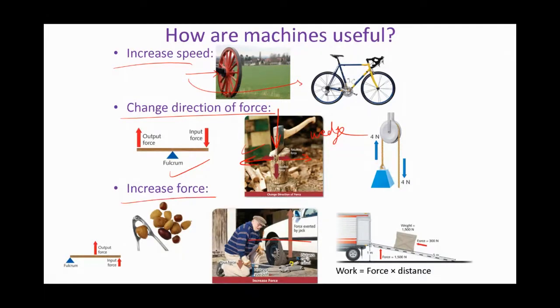Or increase force, like the nutcracker. This nutcracker, كسارة الجوز or whatever you call it. Okay, the jack, you apply some force here, so you can lift the car. So with a small force, you can lift the car, which needs a huge amount of force. So the machine can increase the force, but again, it will not increase the work.